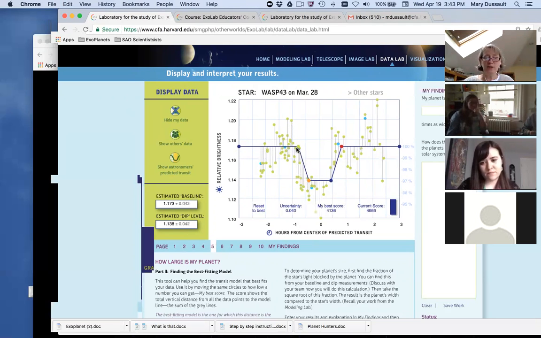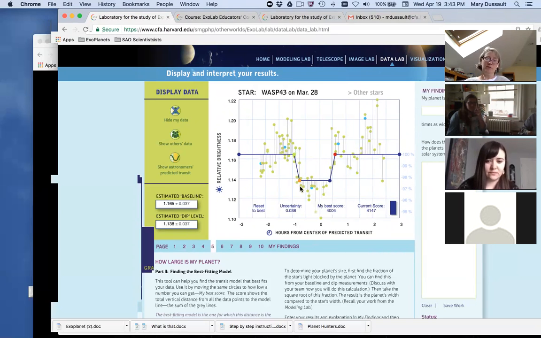You see you have a little score here, my best score, which is really showing you when you've minimized the fit. So that's pretty good. Although it's not as good as my best score, so let me reset to best. There we go. Can I get better than 404? I can. Okay, so a little higher. A little higher here.